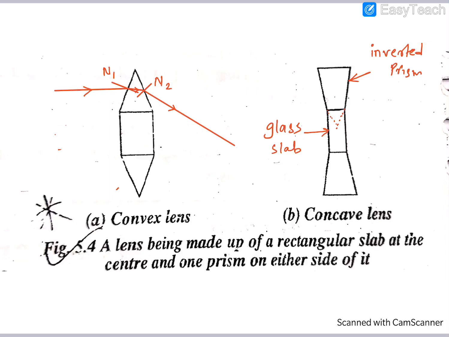Now similarly we can draw for the other part also. Say again you've got a light ray parallel to the principal axis, rarer to denser towards the normal, and then again denser to rarer. How will it go? Away from the normal.